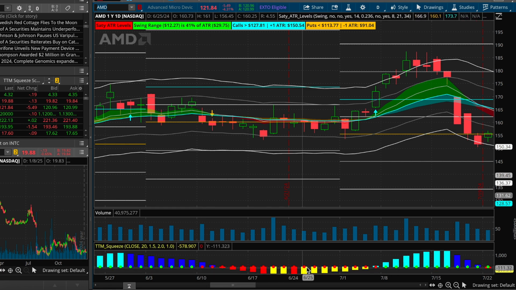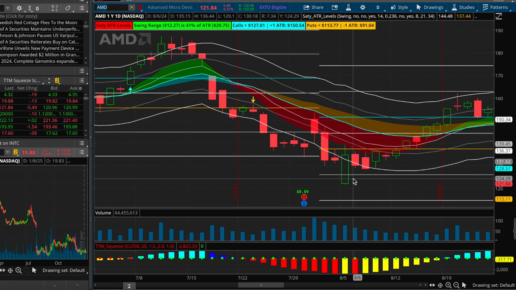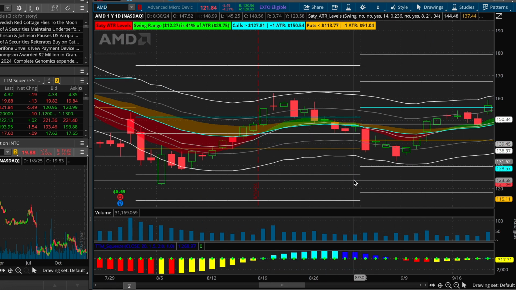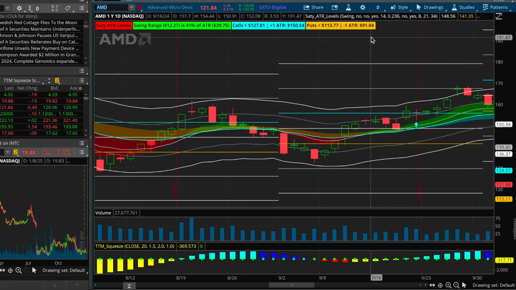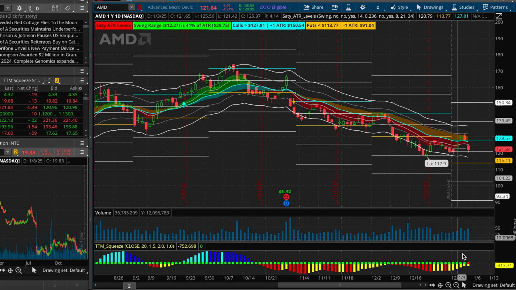Here we see a really lengthy trigger and then a fire, and you get a very similar motion, right? You could have picked this up around the 160s, it tops out in the 180s, but then it comes down really hard, right? From the 180s, it comes down just a few weeks later into the 120s, and then starts to sort of consolidate again. And right now, AMD is putting in an initial trigger candle.